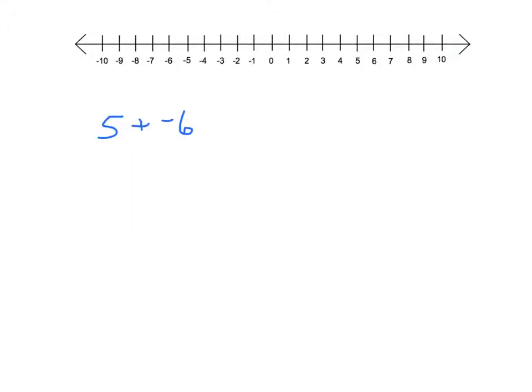In this example, I have a positive number and a negative number, but it works exactly the same way. Once again, I'm going to put my finger on the very first number. The very first number is 5. The second number is a -6. So I'm going to move in a negative direction 6 spots, 1, 2, 3, 4, 5, 6, and I end up with an answer of -1.